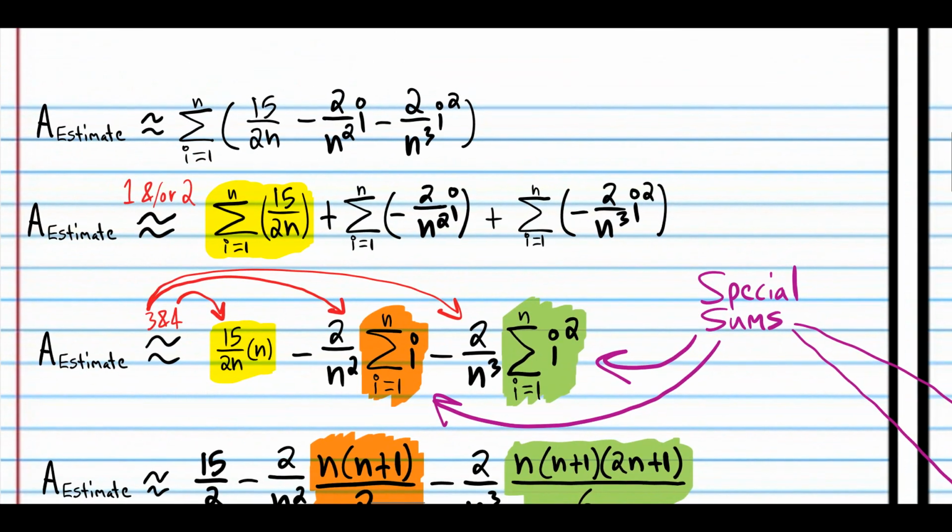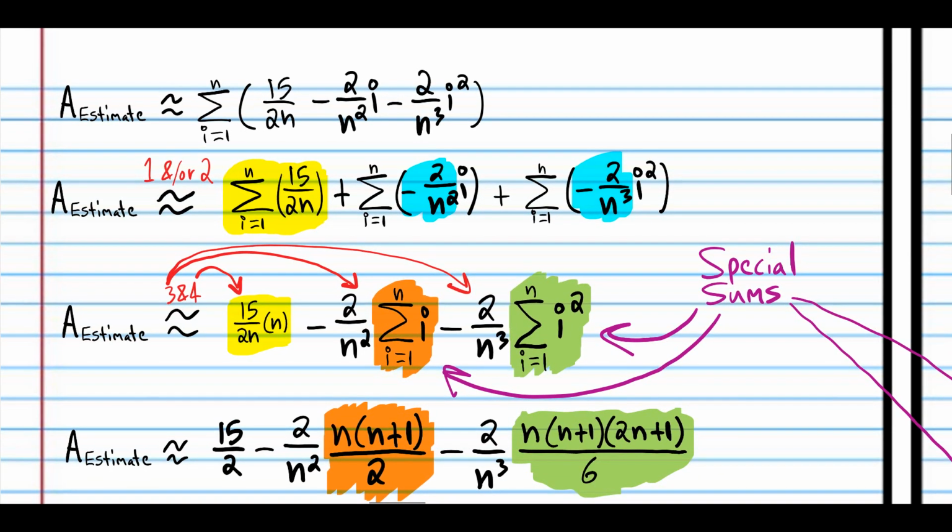Believe it or not, this blue expression here and this blue expression here, those are actually constants. Now you're probably going to stop and say, whoa, whoa, whoa, wait a second. Those are not constants because we have a letter, we have n. But actually they are constants because n is whatever you choose it to be.